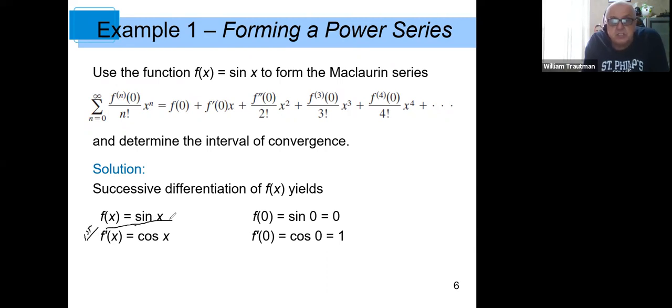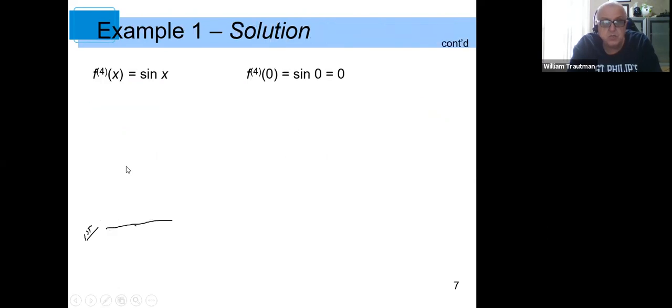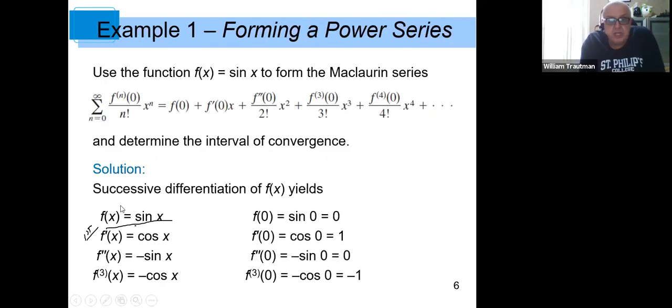If we have our function sine, the derivative is cosine. Do they have more? They should have more. Yeah, they do. And then the derivative of cosine x is negative sine x, the derivative of negative sine x is negative cosine x. And when you plug 0 in, this is what they get.